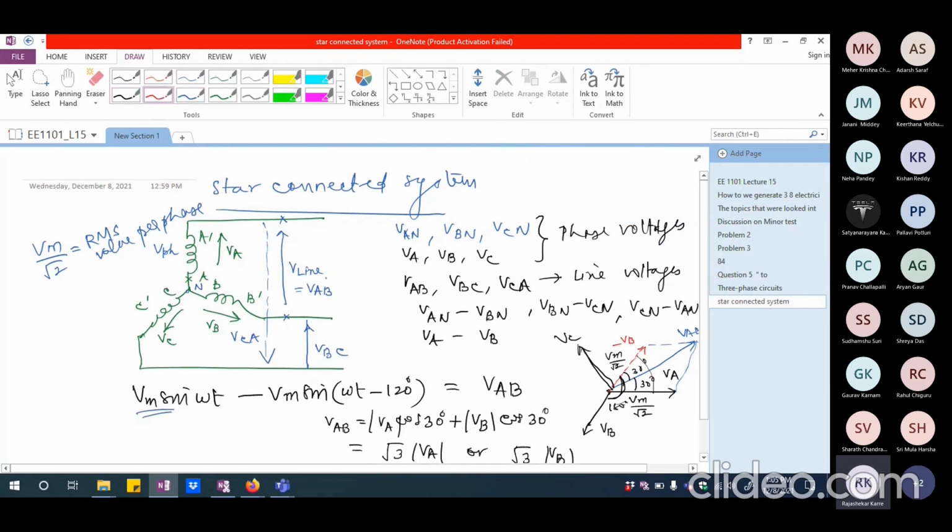The transmission lines that come out of the generating station, or what you see as three-phase transmission lines hoisted on the transmission tower, will always be carrying line voltages. Whereas the voltage between neutral and any line will be phase voltage. Each of them will be phase voltage.